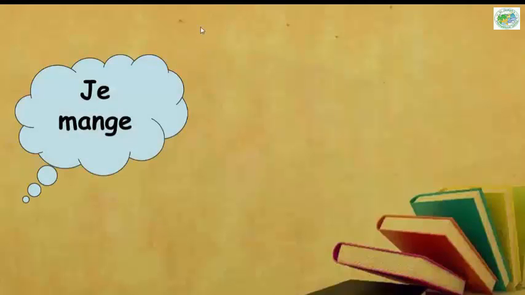Je mange. I told you just now that we use des articles partitifs with parts. Which kind of nouns do we talk about when we talk about food and beverages? For example, you're not talking about the whole kind. You're talking about a part of it, or a piece of it, or a little bit of that kind.